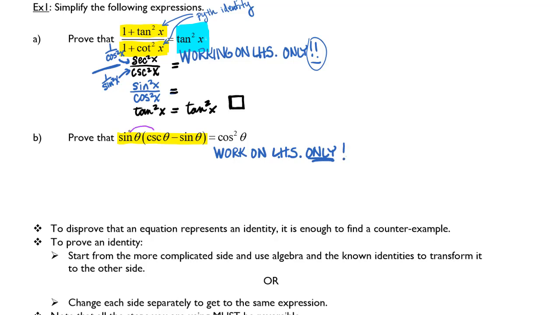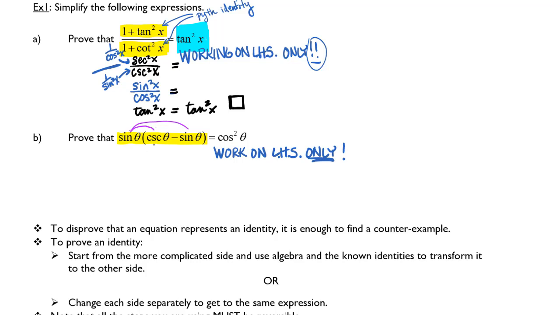Remember, the first time you attempt these, they might not work out, and you might have to erase your work and try something else. That's why identities can be a little tricky. There's more than one way to show or prove that one side equals the other.